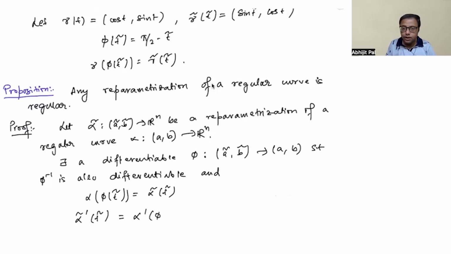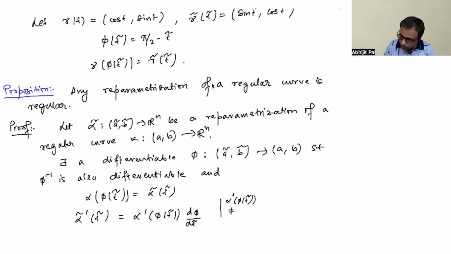We know that this curve alpha is regular, therefore alpha prime of phi of t tilde is not equal to 0, here it is the 0 vector. And this phi is differentiable and phi inverse also exists and is also differentiable.